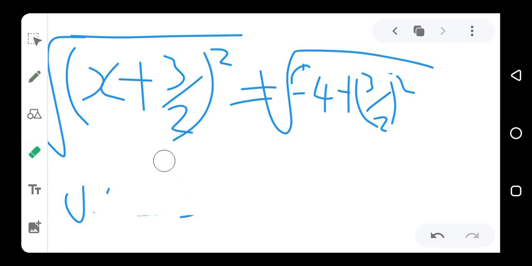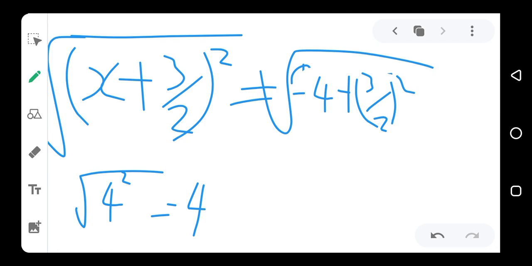If we have 4 squared, and we find its square root, it will give us 4. So whatever you have, if it has square, and we look for the square root of it will give us that value. So 5 squared, the square root of it will give us 5.